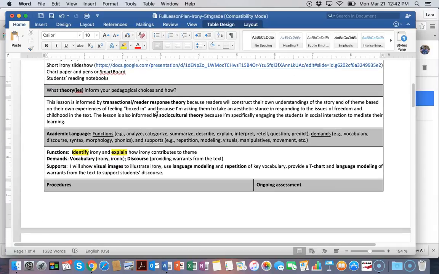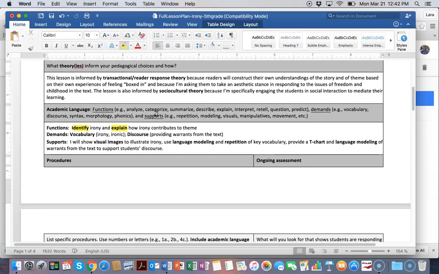The demands for this lesson include vocabulary, specifically the words irony and ironic, and discourse. And in this case, one of the things that I wanted students to be able to do was to provide warrants from the text when they explain how irony contributes to the theme.